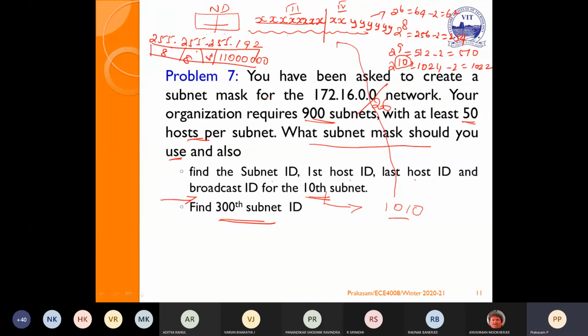Kindly keep in mind, in this case the subnet ID is not only in the third field; in the fourth field also, it has 2 MSB bits. So you have to fill this 1010 starting from the LSB: 0, 1, 0, 1, and the remaining 6 zeros.